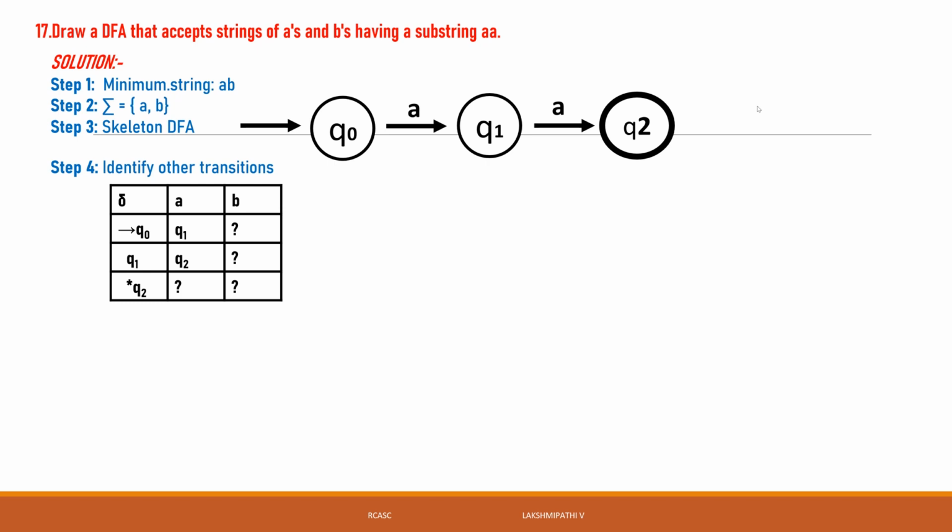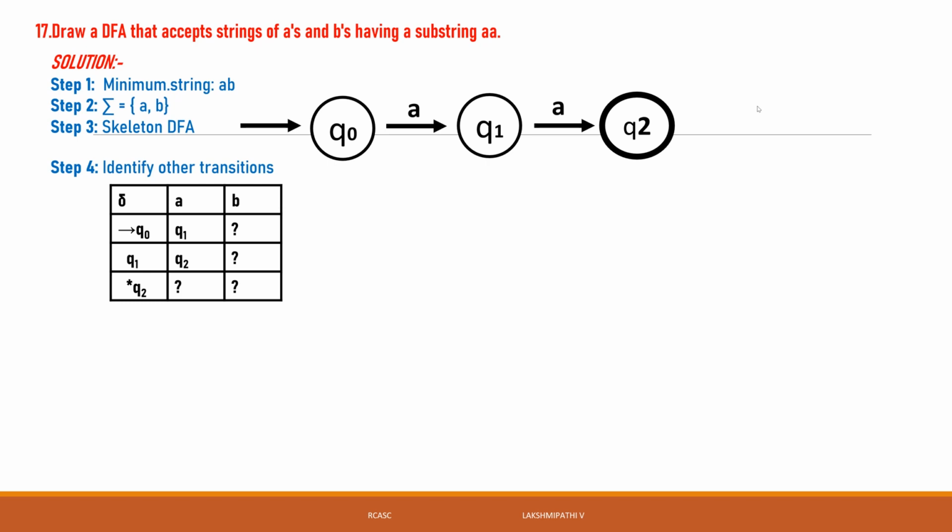Because the string begins with any number of B's, and the substring is AA. That's why Q0 of B is Q0 only, right?